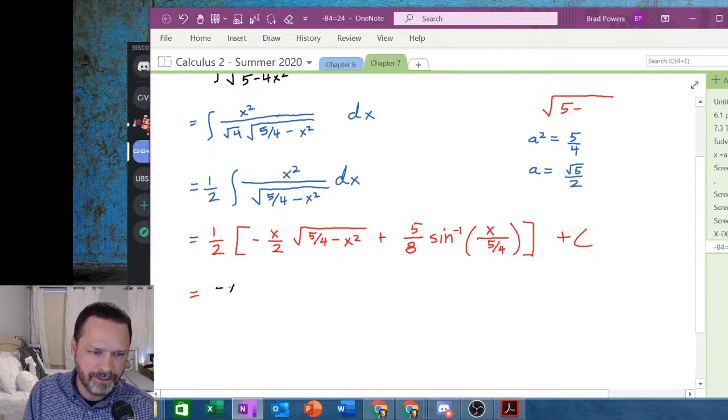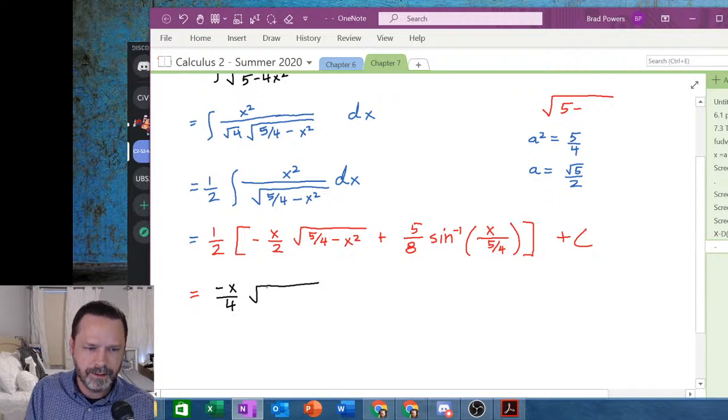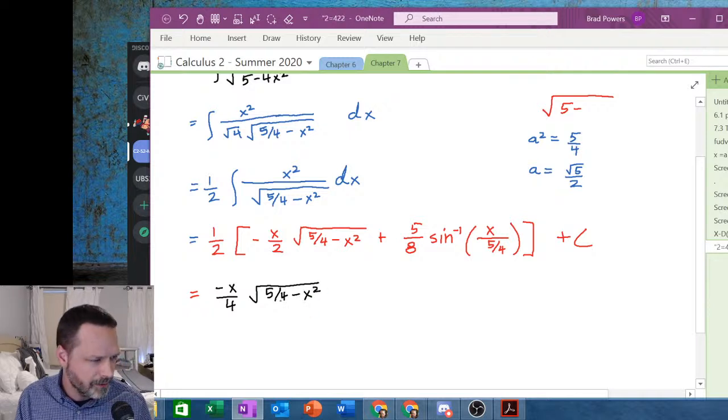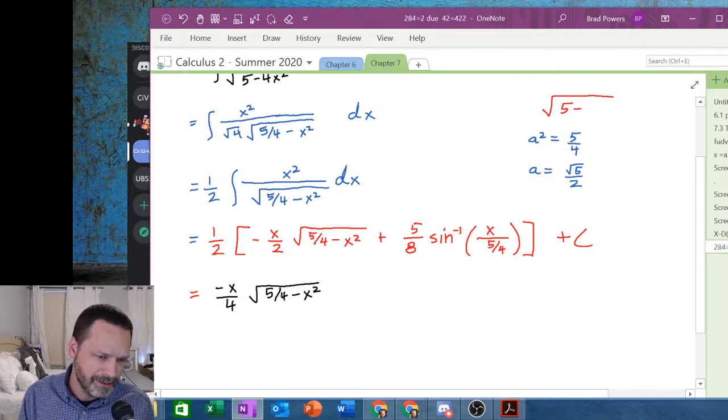So negative x over 4 root 5/4 minus x squared. Could we factor 1/4 out of this root? We totally could. And maybe that would look nicer, but who cares?